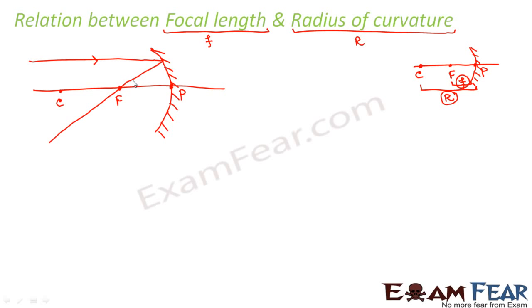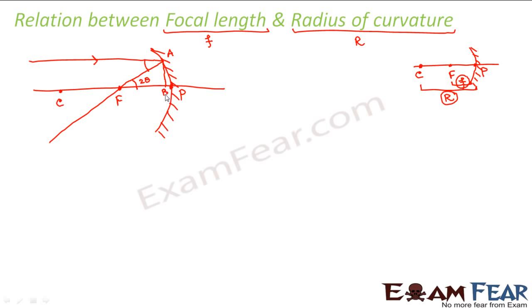Let us say that this ray makes an angle, for example, 2 theta. So if this angle is 2 theta, this entire angle will also be 2 theta, correct? Now let us name these points. Let us call this point A. Let us draw or complete this triangle.